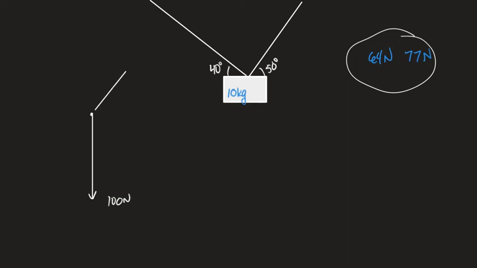So, 50 degrees. I don't have a perfect angle for 50 degrees, but I know that both of these ropes are pulling upwards on the object, so I'm not convinced that either one of them will be 100 or more.